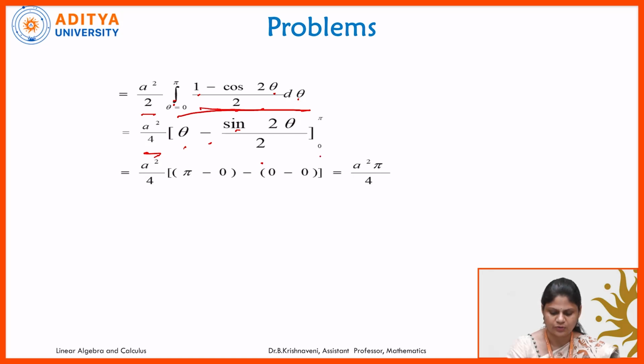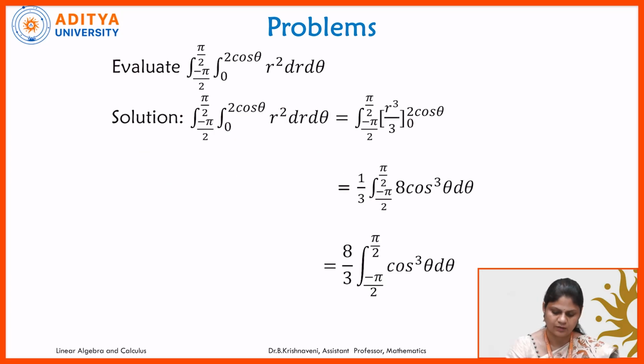Limits are 0 to pi. Substitute the limits now. A square by 4 times: first term in theta, upper limit pi, lower limit 0, minus, substitute theta equal to pi, sin 2 pi is equal to 0, minus the lower limit sin 0 again is 0. Therefore the answer you got is a square pi by 4.